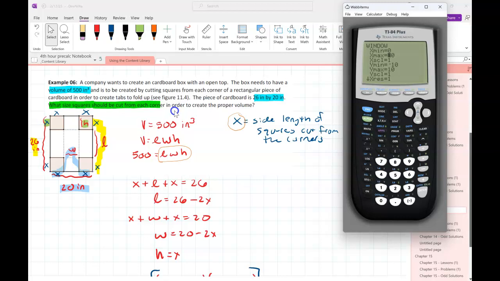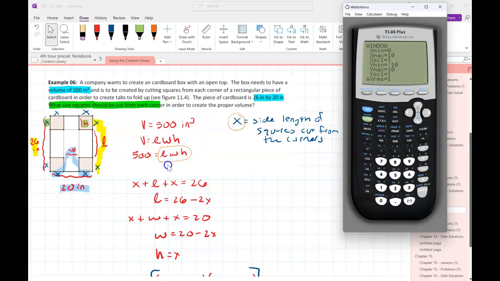Why is 10 the longest that it could be? Look at this side here that's 20 inches. If this x is 10 and this x is 10, how much is left? 0 for that side. Any bigger than 10, you'd have a negative value for width, and that's clearly nonsense, right?